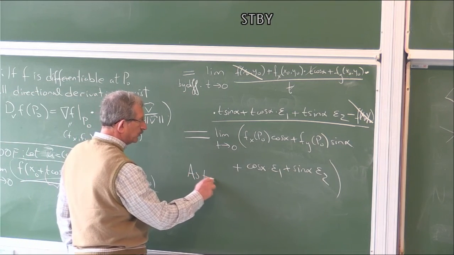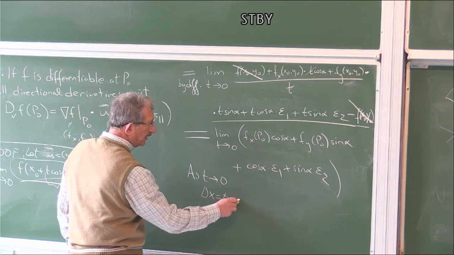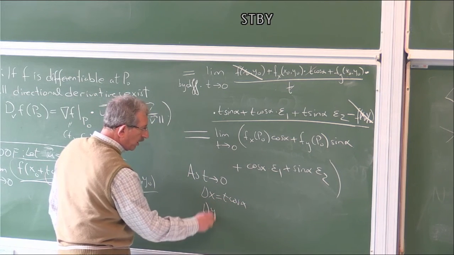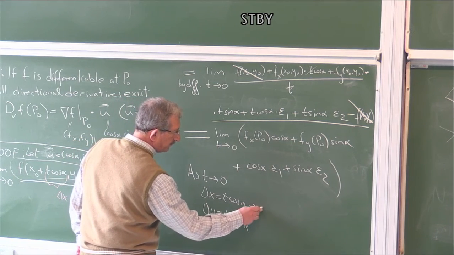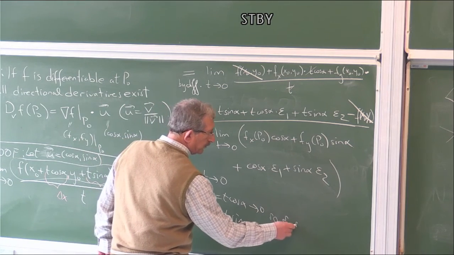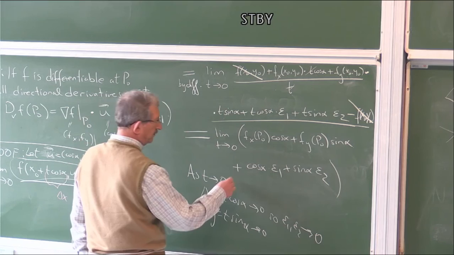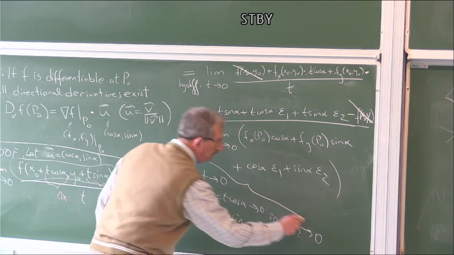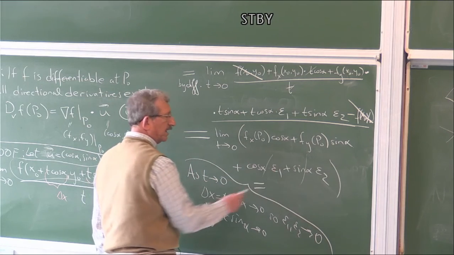As t goes to 0, delta x, that's t cosine alpha, and delta y, which is t sine alpha, go to 0. So epsilon 1, epsilon 2 go to 0. It means that in this limit, these cancel out.